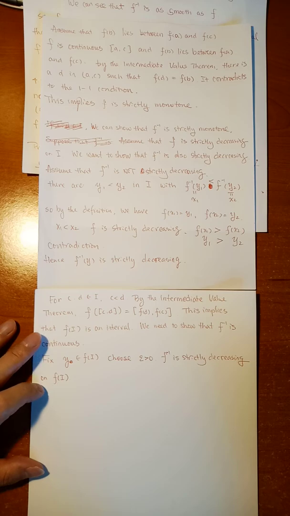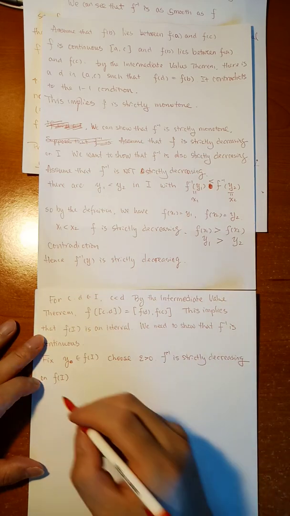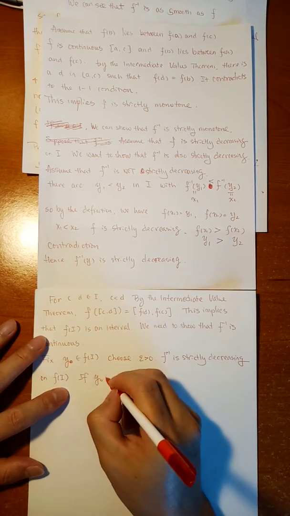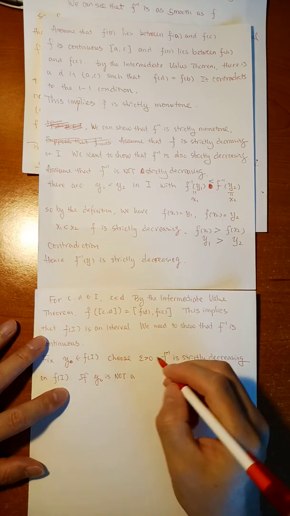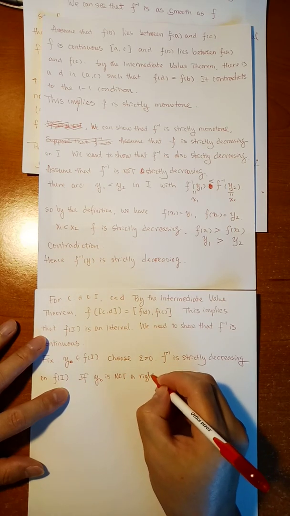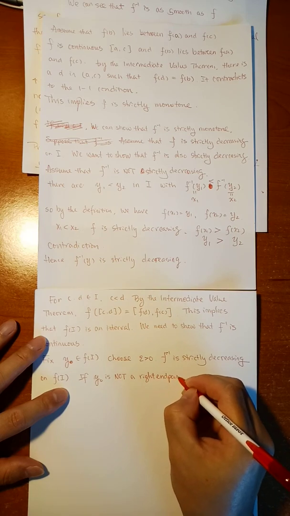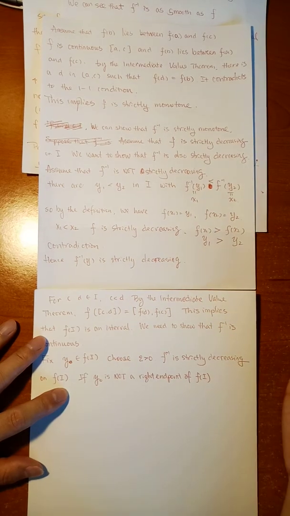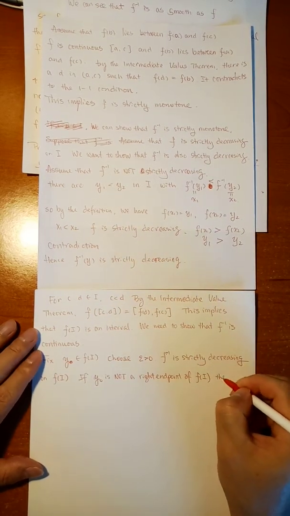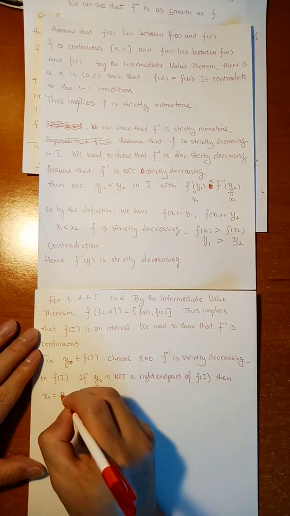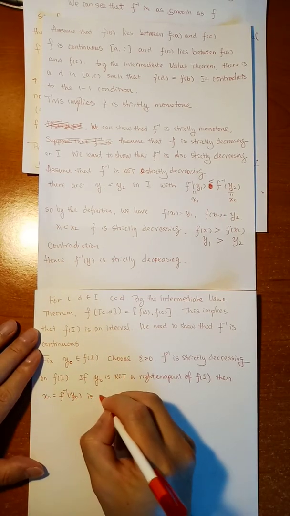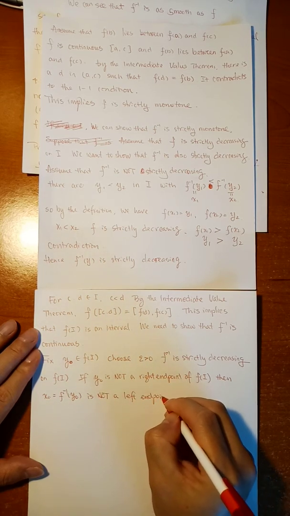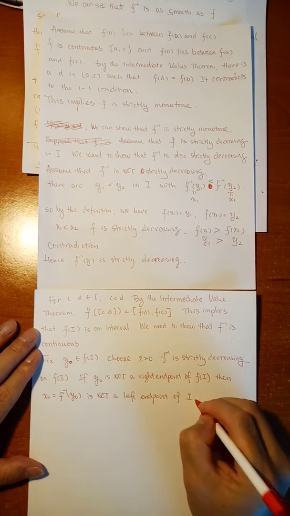If y0 is not a right-hand endpoint of F(I), then x0, which is F inverse of y0, is not a left-hand endpoint of I. You have to switch it.